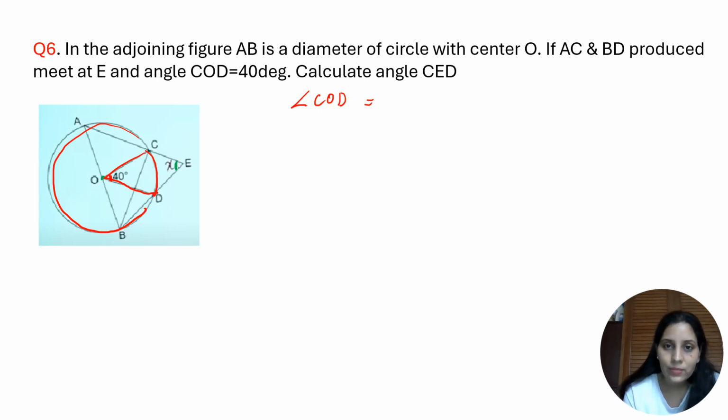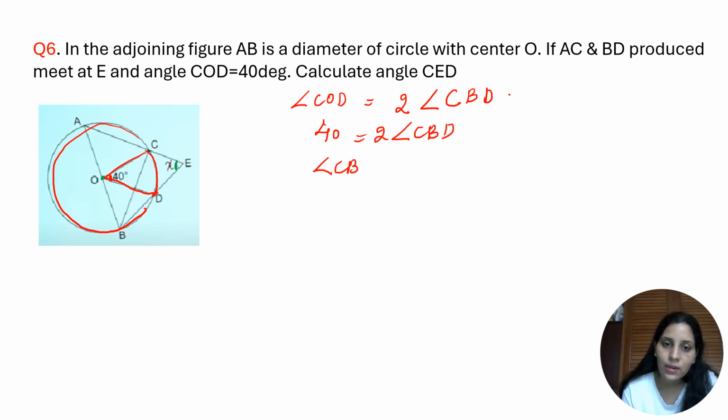Correct? So here angle COD is double the angle CBD. So 40 is equal to 2 angle CBD. So from this, angle CBD is 40 by 2, 20 degrees.